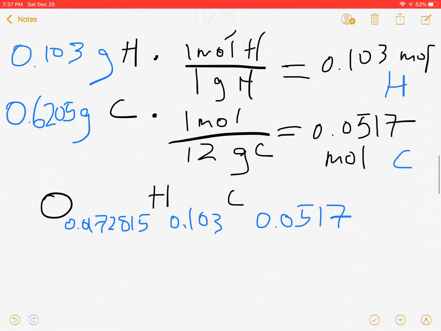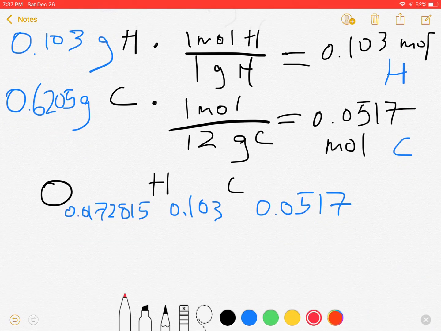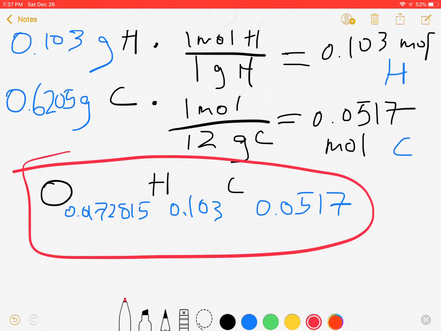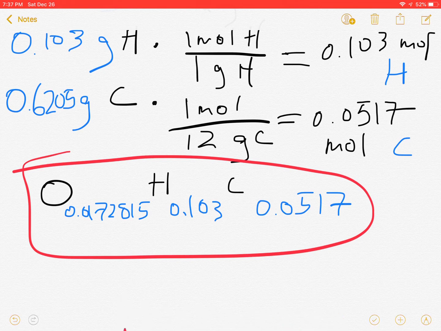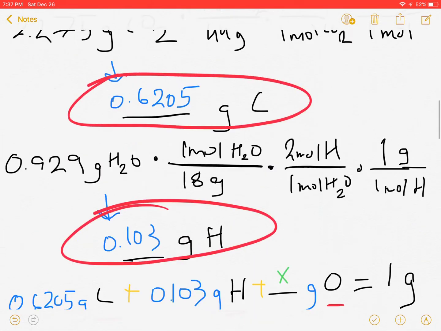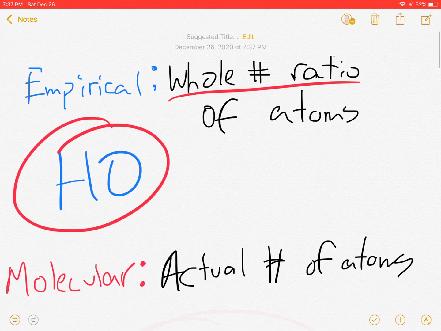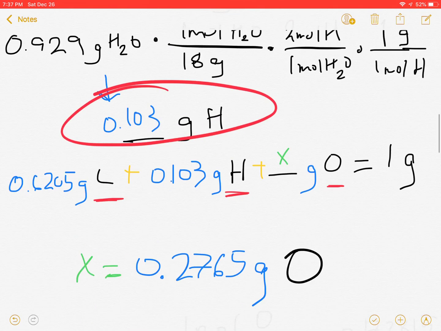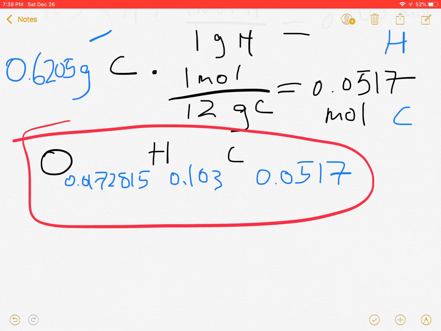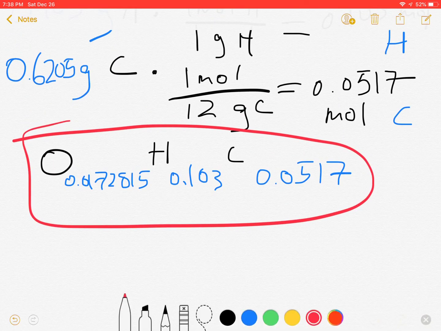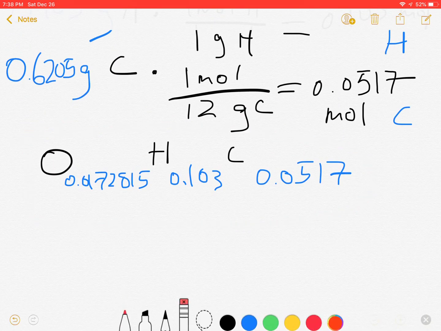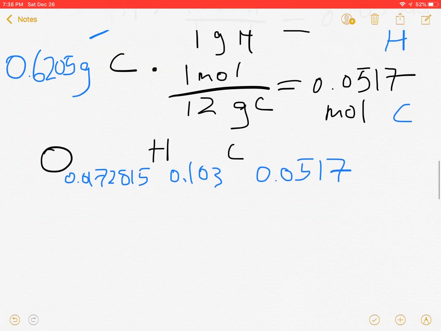But this looks ridiculous. It doesn't make sense to have decimal places inside our molecular formulas. So that's why I mentioned up here earlier that the empirical formula is always a whole number ratio. So here we need to convert these decimal values all into whole numbers, into a ratio between all of these.